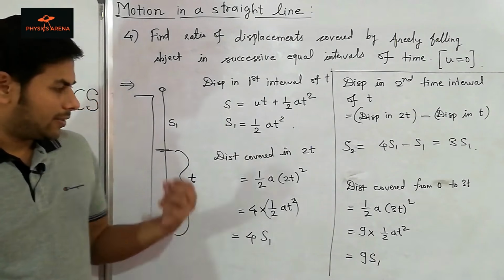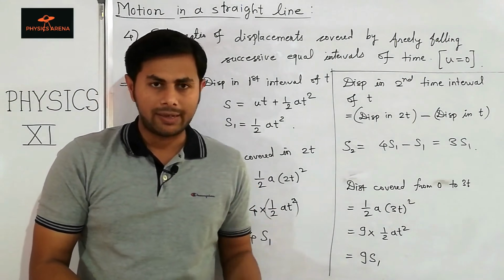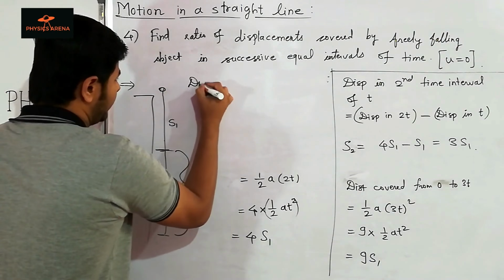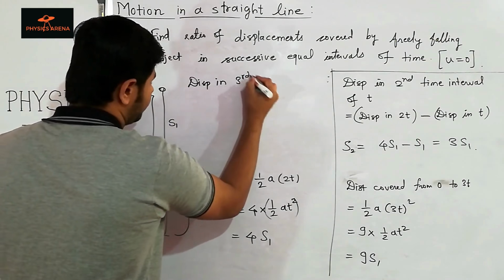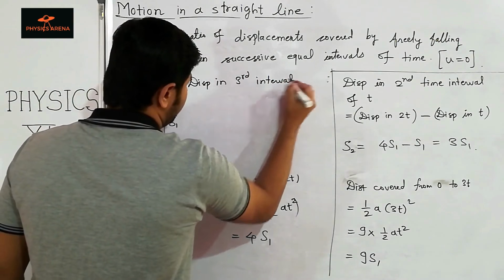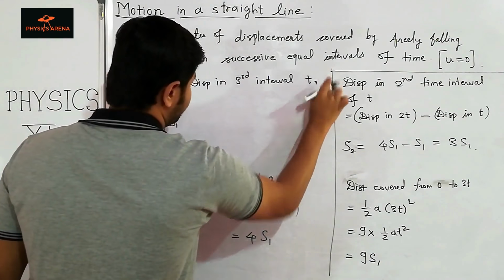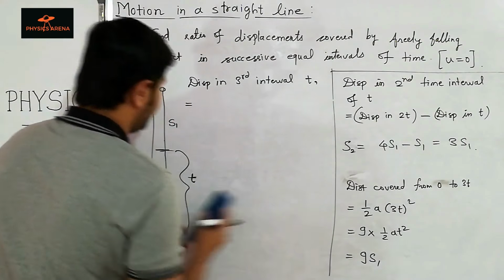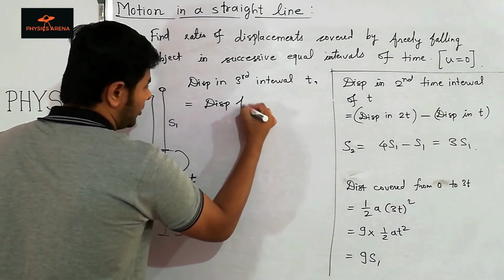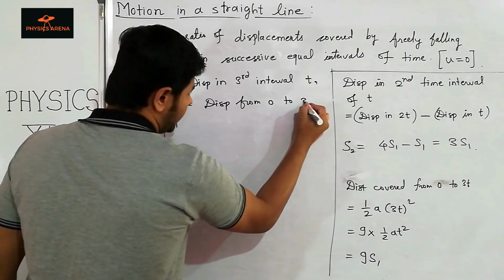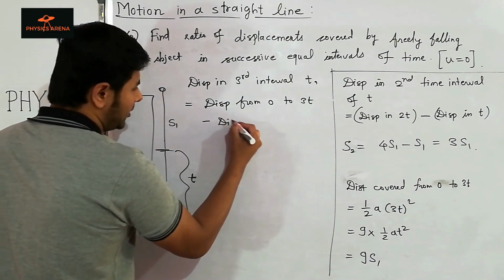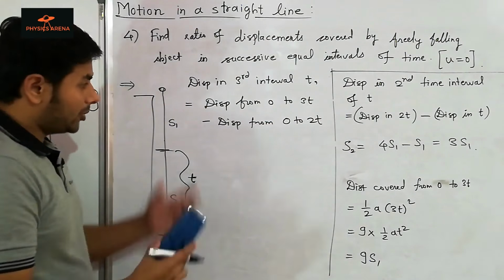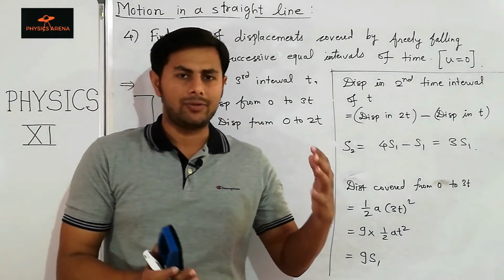Then I have to find the displacement in the third successive interval of t. It is equal to the displacement from 0 to 3t minus the displacement from 0 to 2t. So we will get the displacement from 2t to 3t.